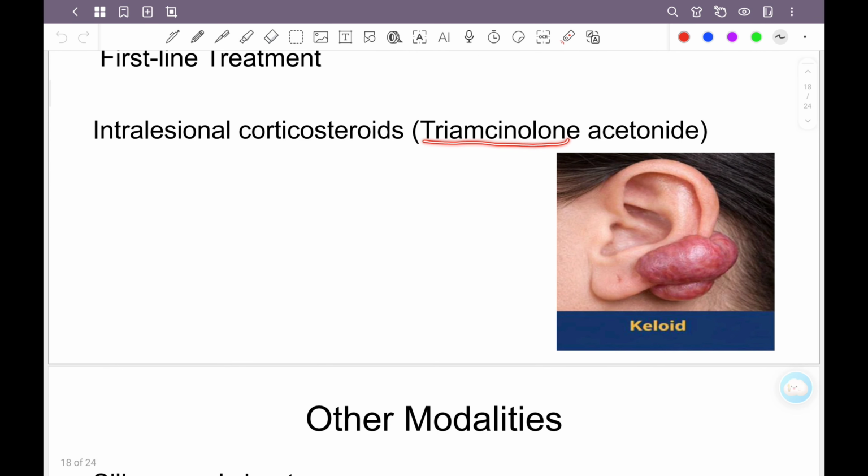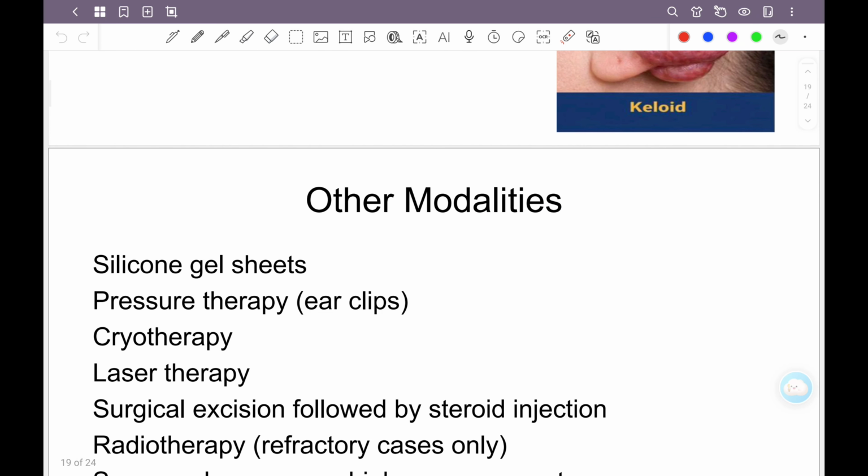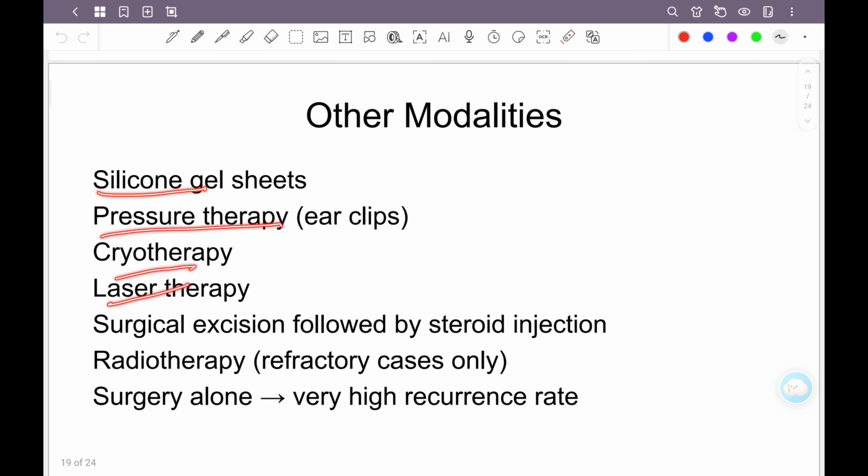We give the steroid directly into the lesion. Other modalities are silicone gel sheet, pressure therapy, cryotherapy, laser therapy, and surgical excision followed by steroid injection.